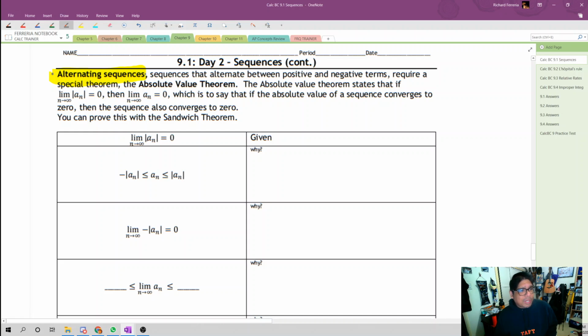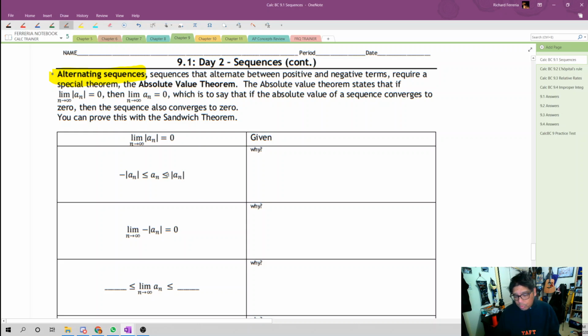We're given that the limit of the absolute value of a sequence is equal to 0. So we're going to go with the terms, both negative and positive. This says that the negative absolute value is less than or equal to the term, and it's also less than or equal to the positive absolute value.